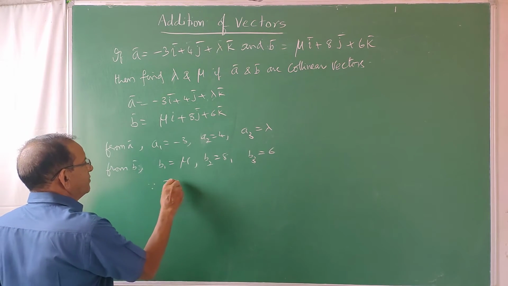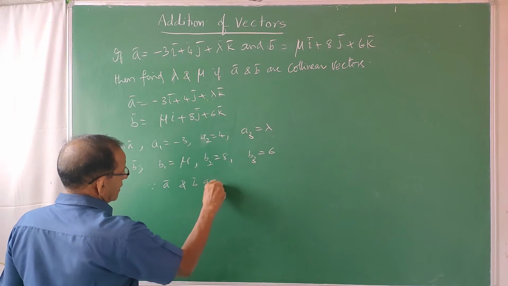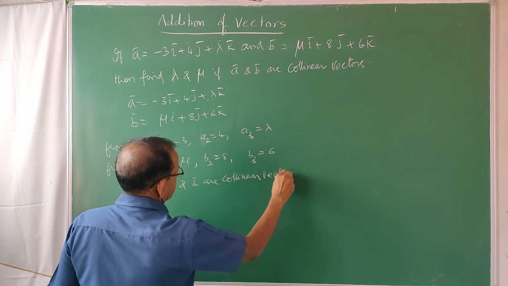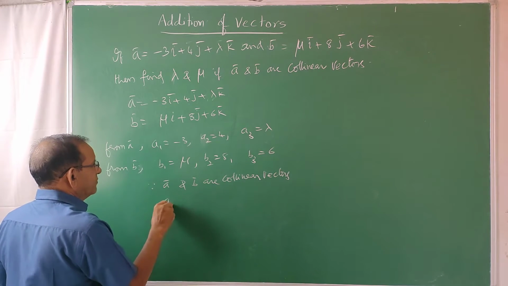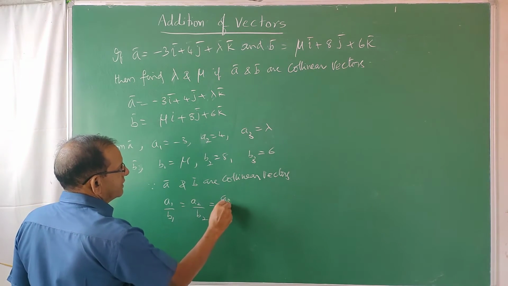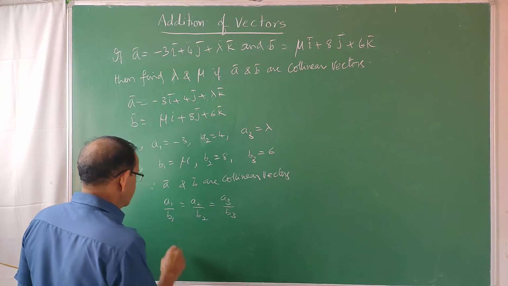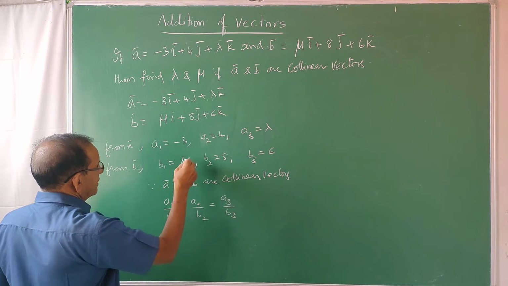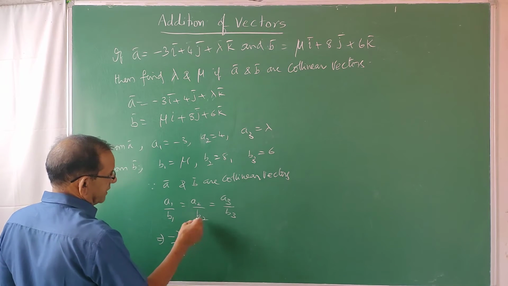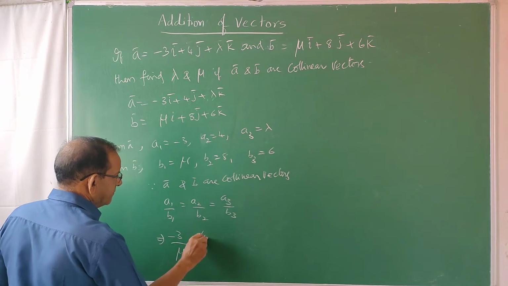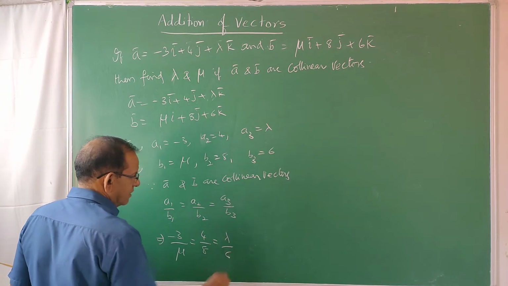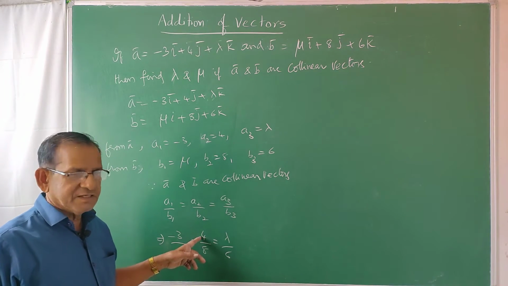Since a bar and b bar are collinear vectors, a1 by b1 is equal to a2 by b2 is equal to a3 by b3. That implies minus 3 by mu is equal to a2 by b2, that is 4 by 8, equal to a3 by b3, lambda by 6. But 4 by 8 can be changed to 1 by 2 also.